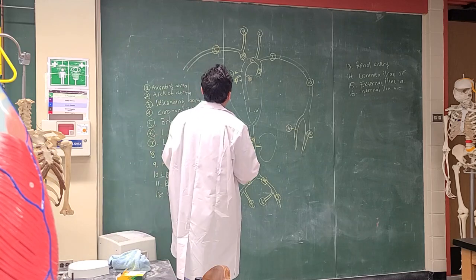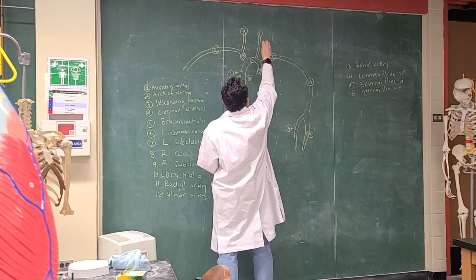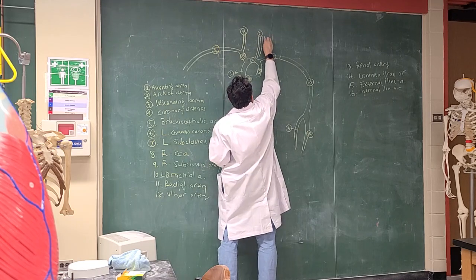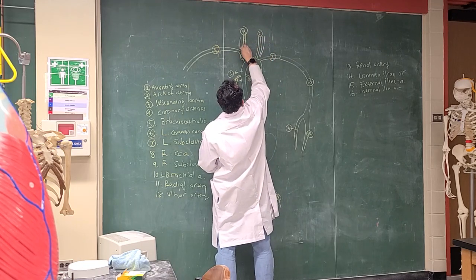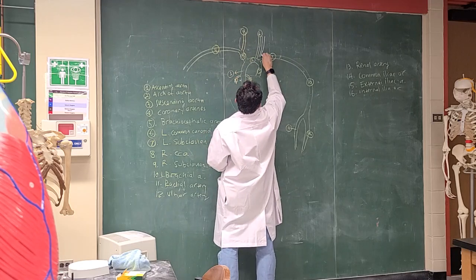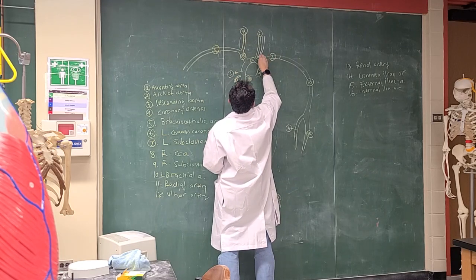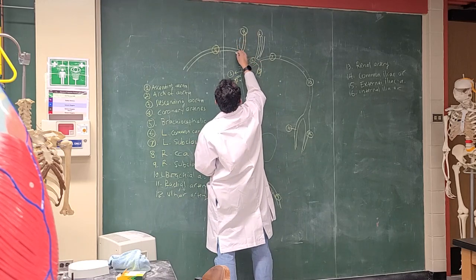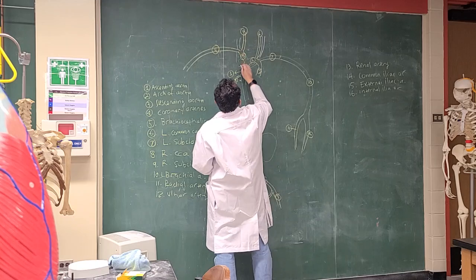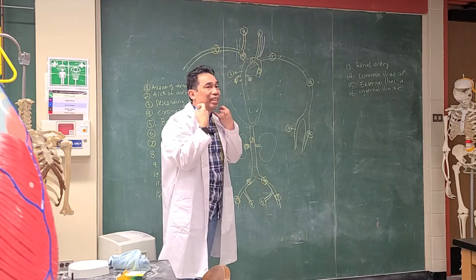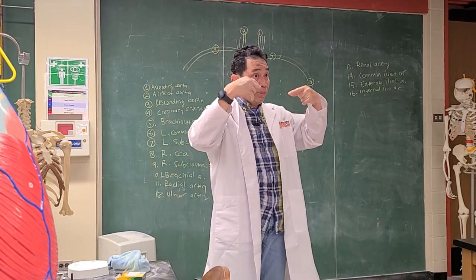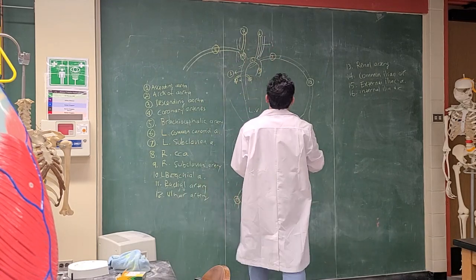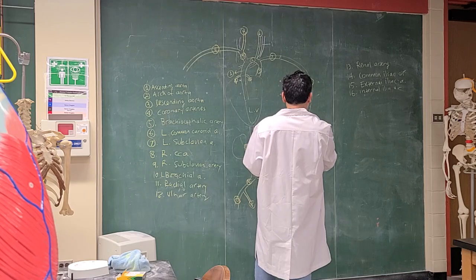Now, from the top, which is going down from our brains, you're going to have a big vein on the neck, because it is going down. That's going to be called the jugular. This one is going to be internal. I'm going to put number 17.